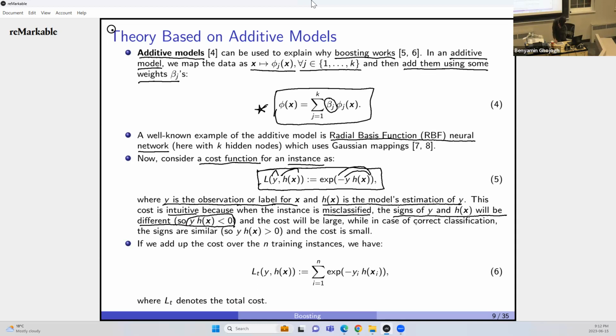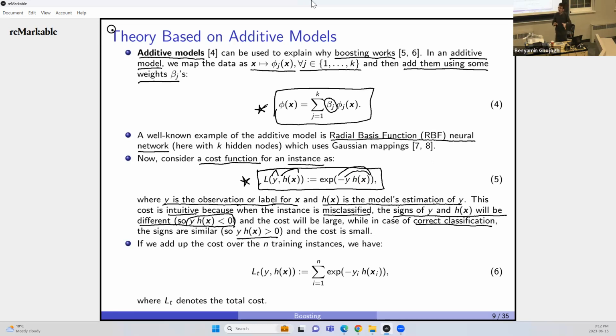However, when it is correct classification, y and h(x) have the same sign, both are +1 or both are -1. So y h(x) is greater than 0, minus y h(x) is less than 0, e to the negative number is low. Therefore, this makes sense to be a cost.